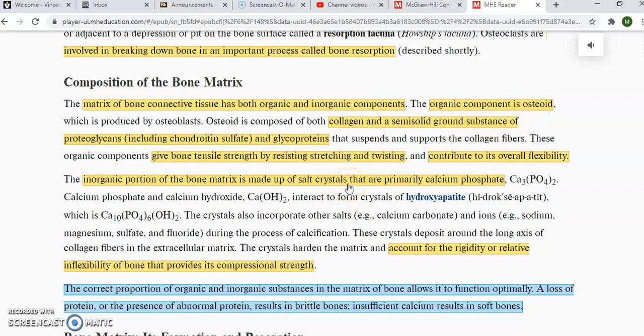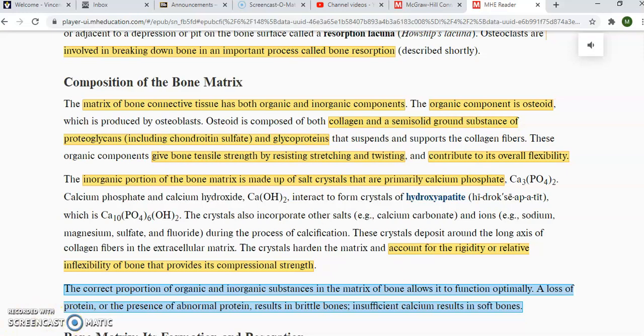And then once that happens, and those bonds form, we'll have this calcified bone tissue, which is what we want. All those minerals are very hard, so they allow the bone to be very rigid and handle a lot of compression forces. So that's why it's able to support our weight.